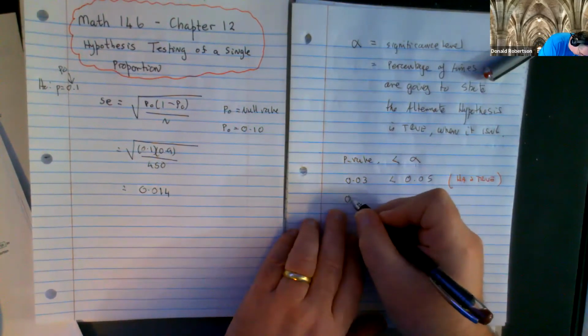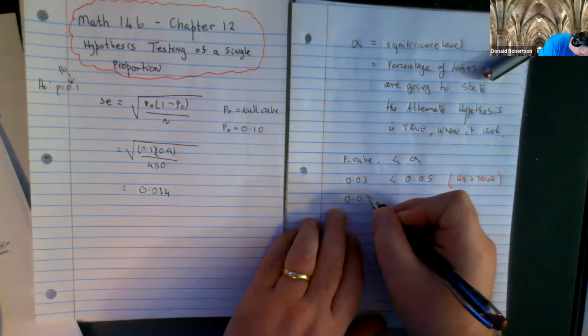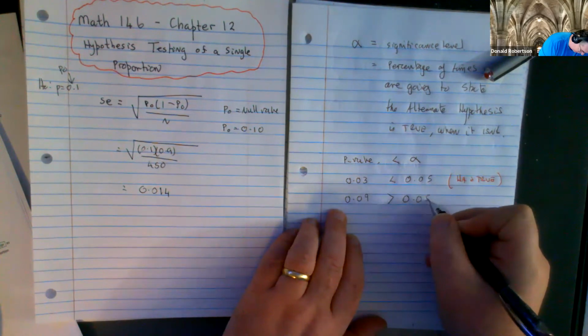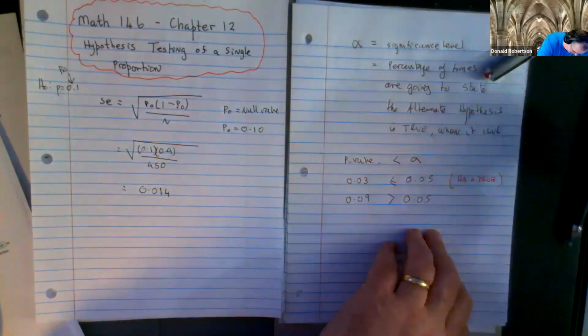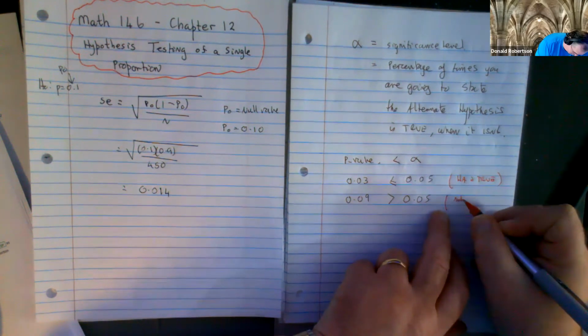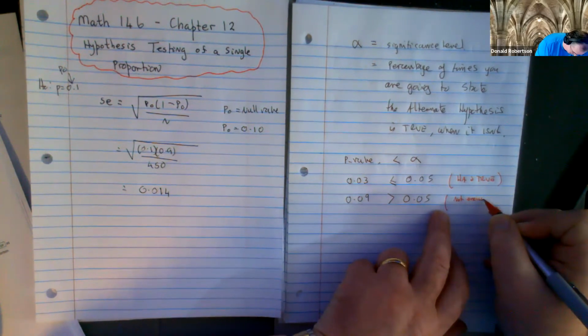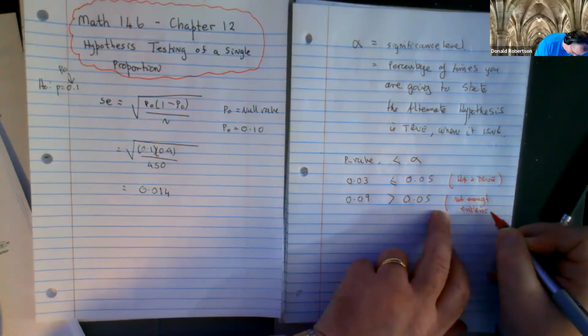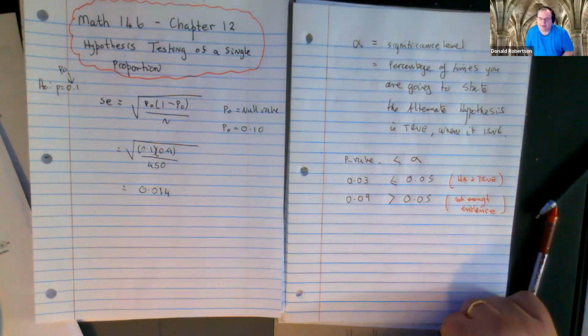If your p-value is greater than 0.05, I guess we'll give that guy the equals, then you are only allowed to say not enough evidence. Hopefully you remember that from Friday.